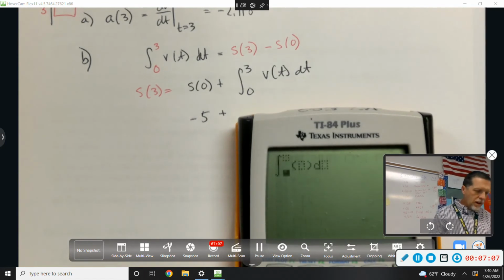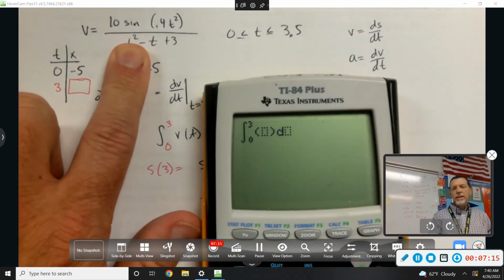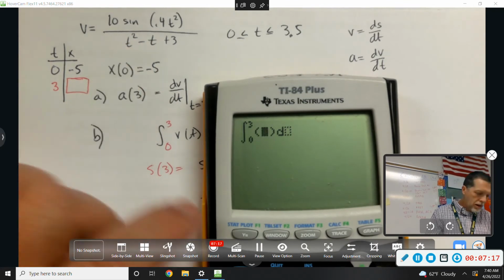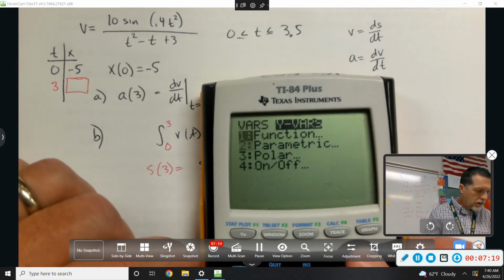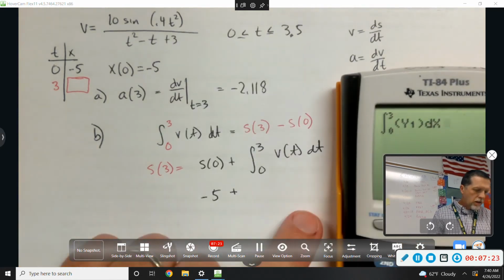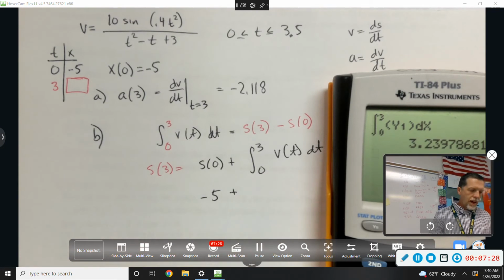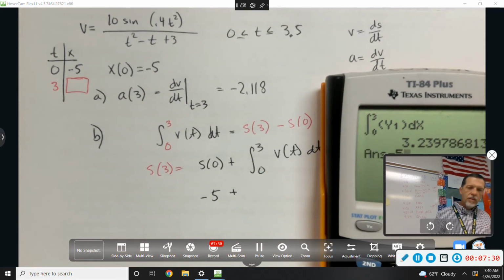So math 9, 0 to 3. I put this in for y1 again, so I don't have to type it all in again. I mean, I could, but that's in for y1, so let's take the easy route here. 0 to 3 is that, and then minus 5.